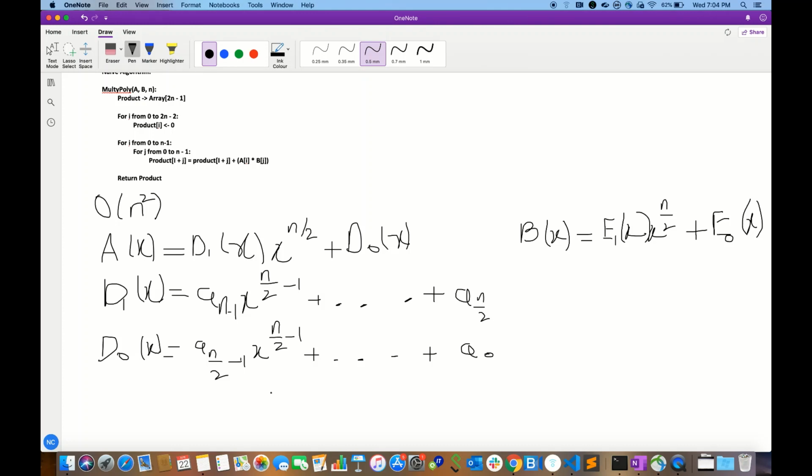So now when we do our multiplication, then we just multiply together d1x n by 2 plus d naught and e1x n by 2 plus e naught, and that yields 4 terms.